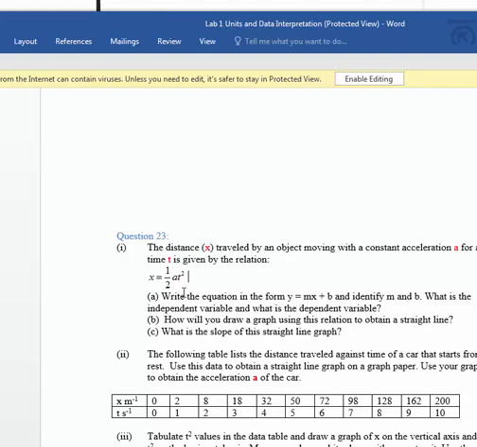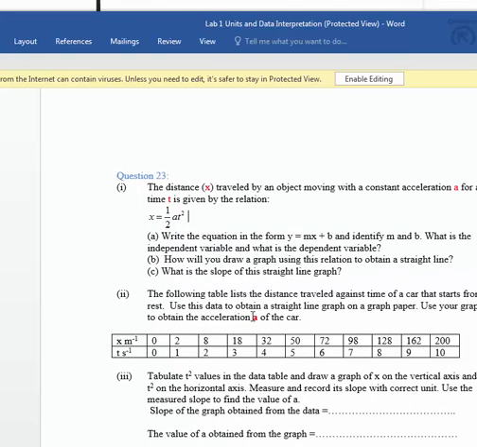So your graph must be x on the vertical axis and t squared on the horizontal axis. And what will be the slope, the unit of the slope? The unit of the slope will be meter per second squared. So when you want to do a graph, I have given you the x values and the t values.